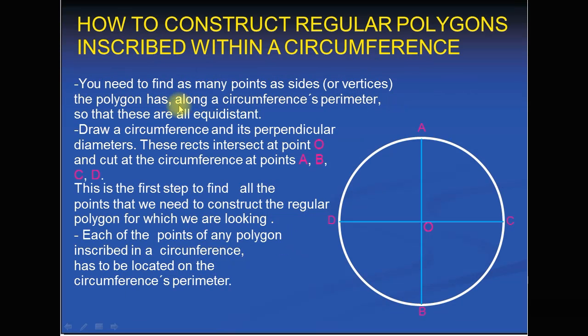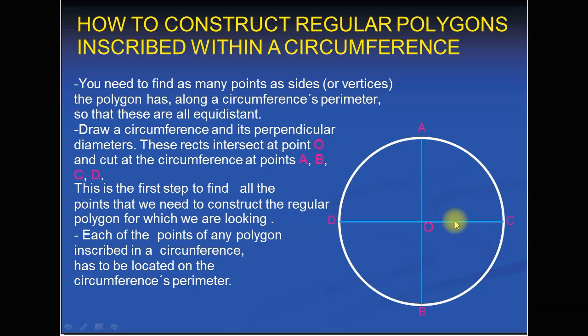So first of all you need to find as many points as the polygon has sides, vertices along the circumference, so that these are all equidistant. Draw a circumference and its perpendicular diameter.